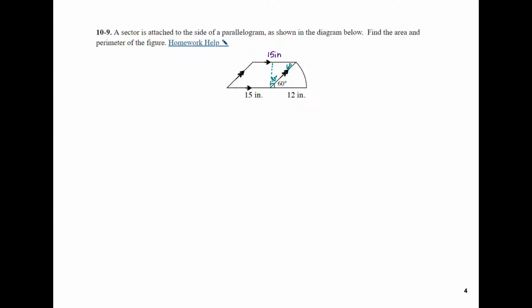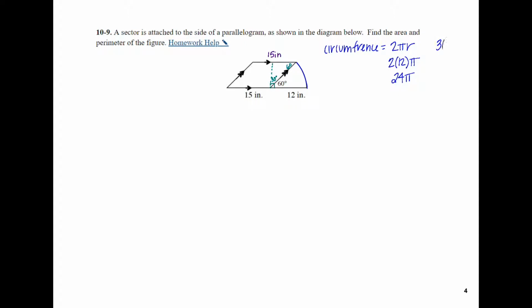The other thing we know is we are dealing with a circle over here. So to find the length of our arc, we need to find the circumference, which is 2 pi r. We know the radius of our circle is 12, so if we do 2 times 12, multiply that by pi, we get 24 pi.